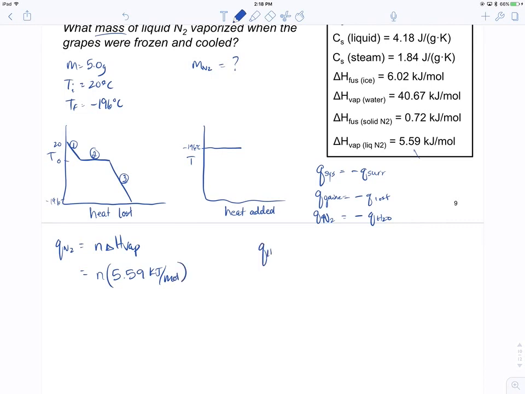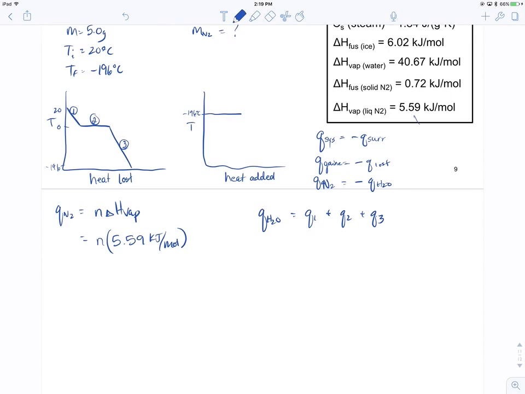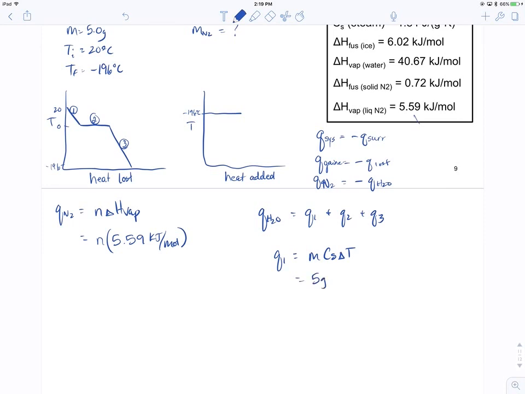Then Q of H2O is equal to Q1 plus Q2 plus Q3 as indicated on the heat curve that I have drawn up above. So solving for Q1, we have a cooling phase, so this would be m c s delta T. We have 5 grams. The heat capacity for liquid water cooling is 4.18 joules per gram degrees Celsius.